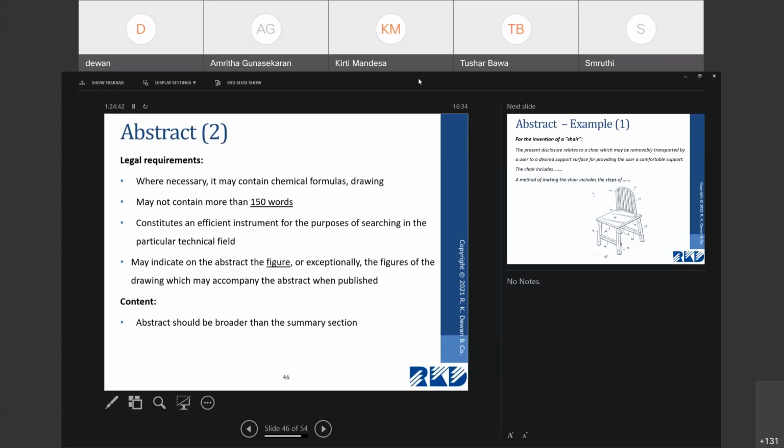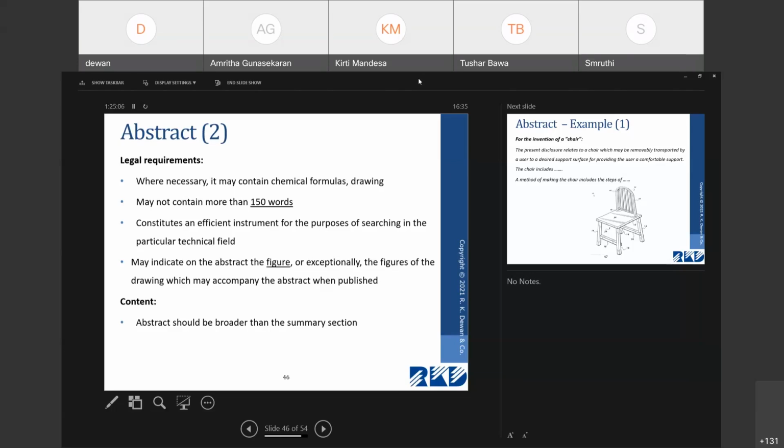Therefore, the title and abstract should have enough information, as we saw in the previous slide: the technical field, the problem, the solution, and also the use, that is, whether it is going to be used in an automobile, in a polymer, or for making a particular article.